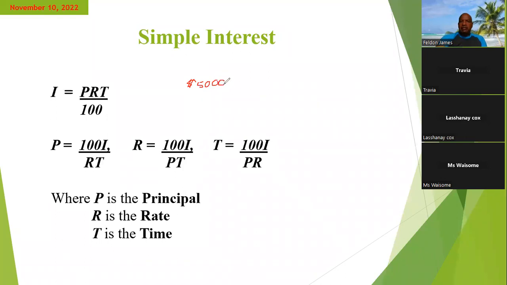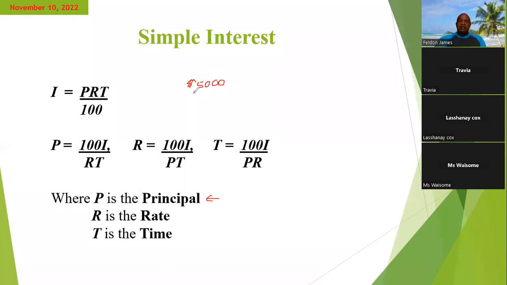The money that you are investing is referred to as your principal. So the $5,000 here would be the principal. Sometimes the principal is not only money that you're investing, but it also refers to money that you're borrowing. So the money that you borrow is also referred to as the principal.